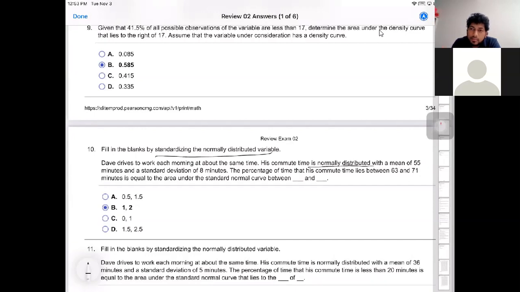Simply apply your techniques. They have given the mean 55 and the standard deviation is 8. The percentage of time that his commute time lies between 63 and 71 minutes is equal to the area under the standard normal curve.